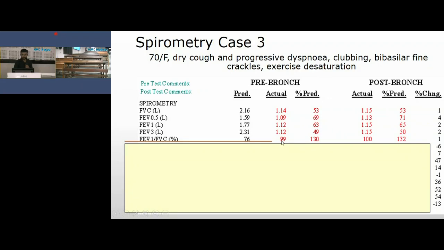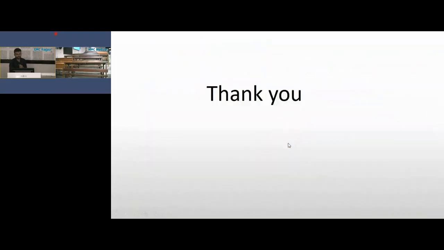In this case, it is 0.9 to 1 liter. Then check FVC. It is less than 80% of predicted. In this case, it is 53%, and FEV1 is near normal. So the patient is likely to have restrictive lung disease. This is the basics of spirometry. Thank you so much.